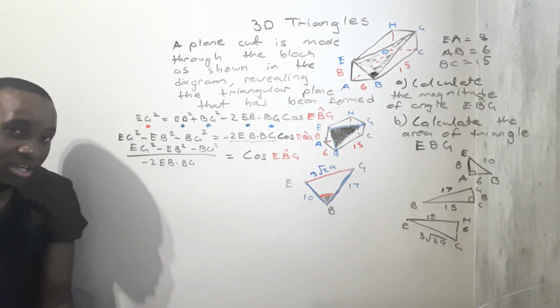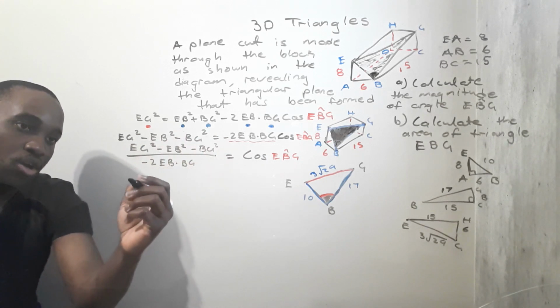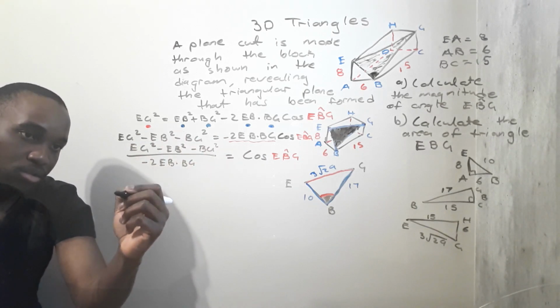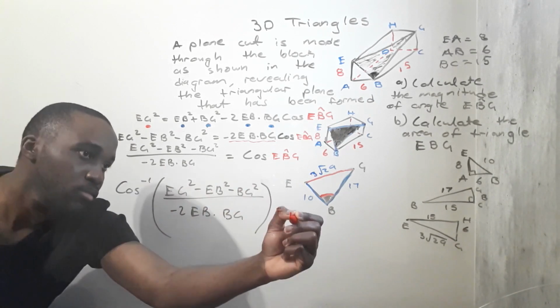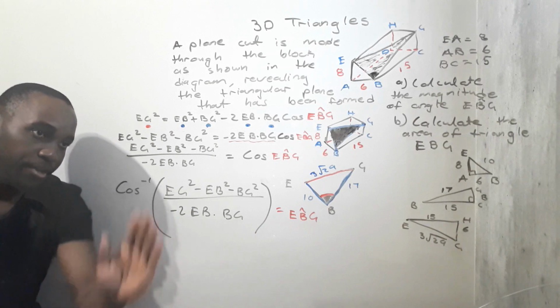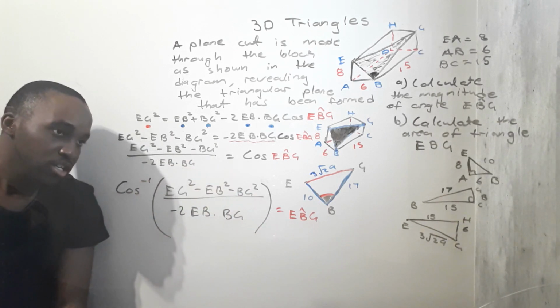And then using the inverse of cos, all you want to do is, here we know that this whole thing goes inside your big bracket. So here we're going to have cos to the power of -1, and then our big bracket there, this should be equal to EBG.